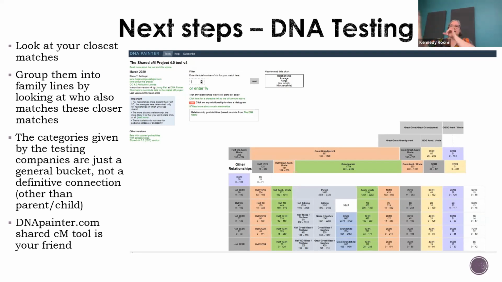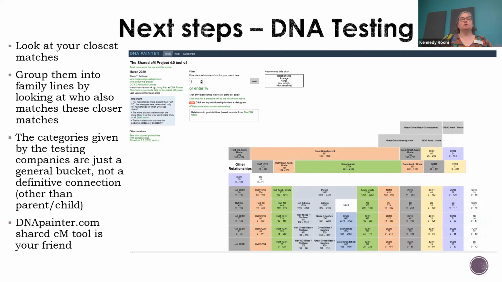And so they look at which 50%. And the categories are just buckets. Other than parent, child, and full sibling, it's going to say close family, first cousin. And it could be a niece, nephew, it could be a first cousin, it could be an aunt or uncle. It's a grouping. So look at that match, see if you can figure out where they fit in your family tree.